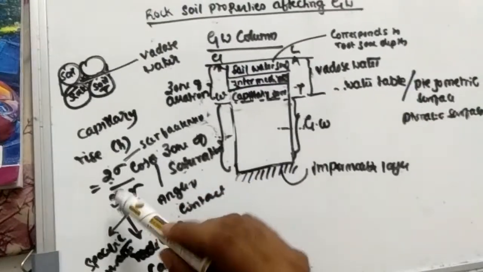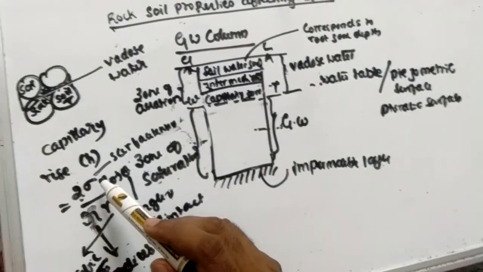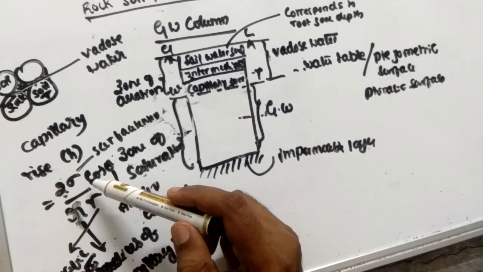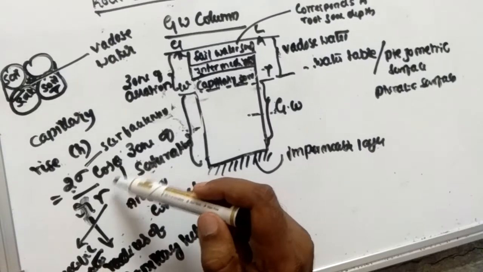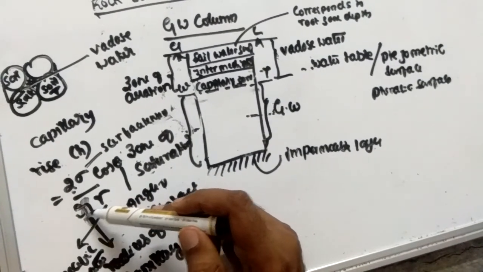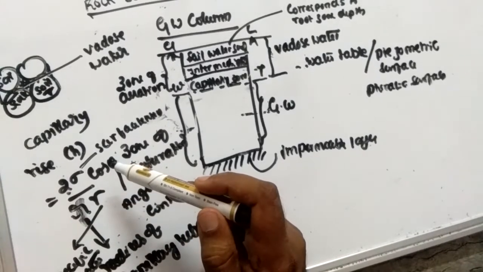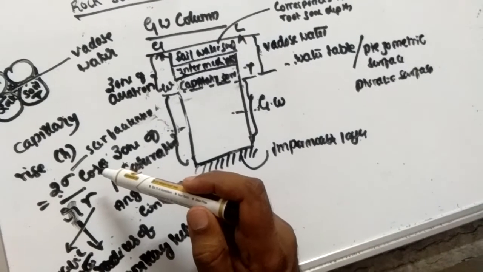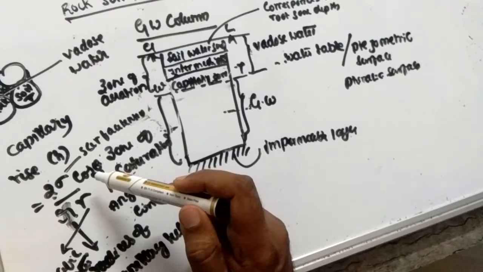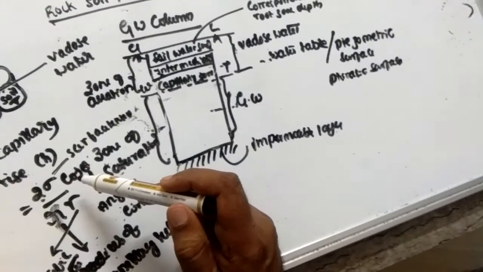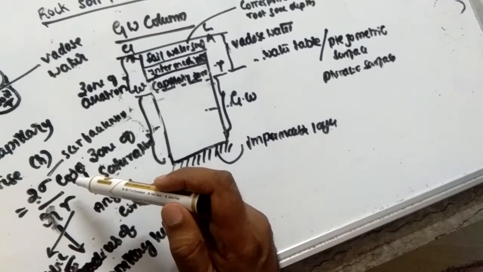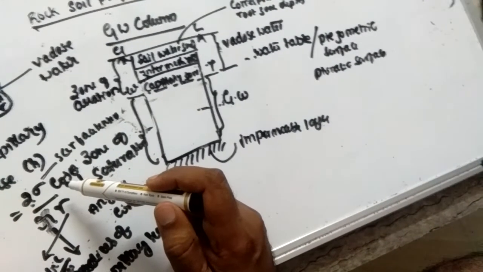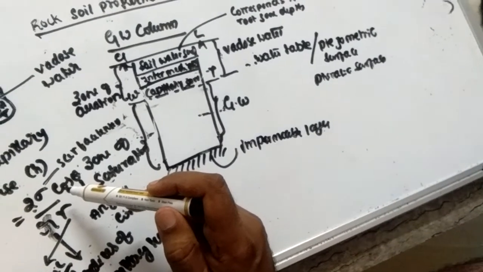Based on these four parameters: surface tension, which is measured as force per unit length, theta the angle of contact, and the radius of the capillary tube, or the semi width of the slot if it is a slot, as well as the specific weight of water, the height of the capillary rise can be determined, which gives the depth of the capillary zone or capillary fringe.